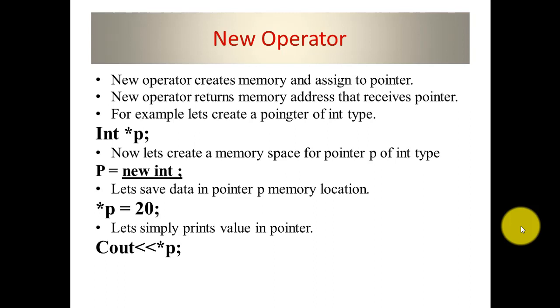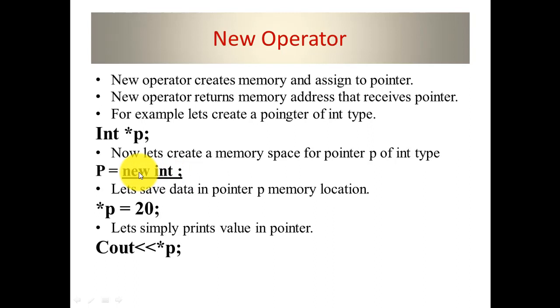For example, let's create a pointer of int type. So what would be the syntax? int *p. It's a pointer of type int. Now let's create a memory space for pointer p of int type. So what would be the syntax? p = new int. Basically the syntax of the new operator is new and the data type.